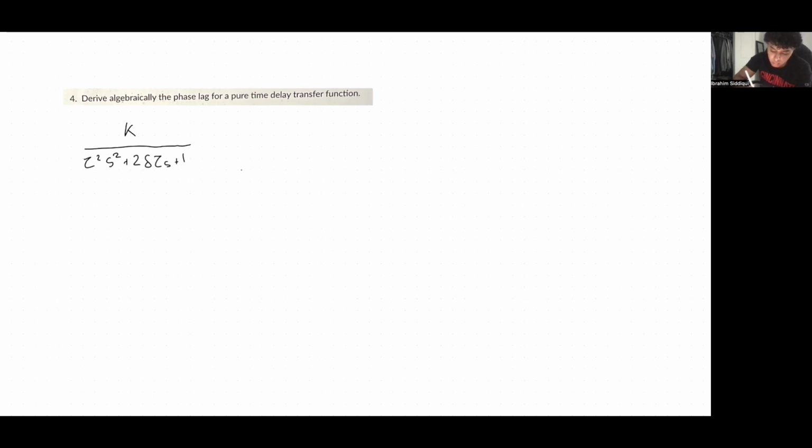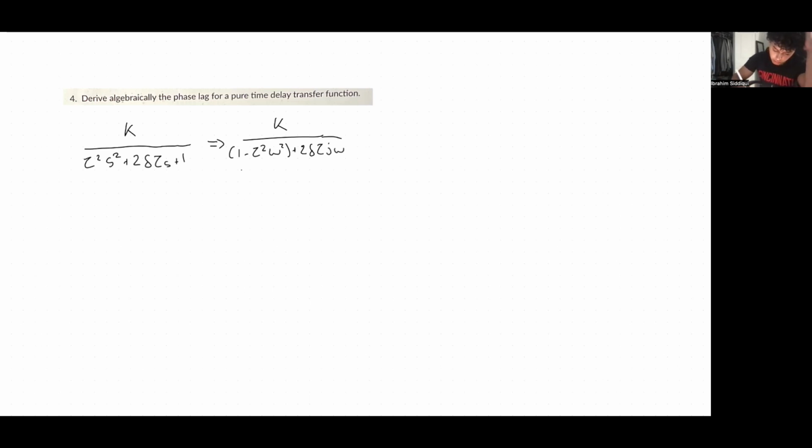Rewriting that, we want to move our 1 around, which gives K over 1 minus tau squared multiplied by omega squared, plus 2 times our damping factor delta multiplied by tau j omega.